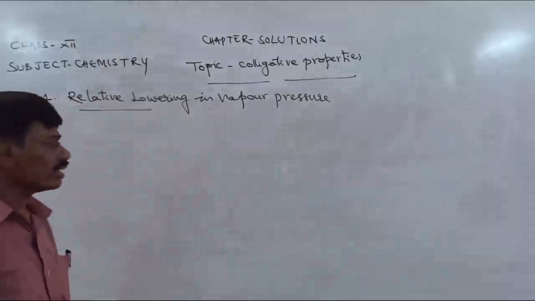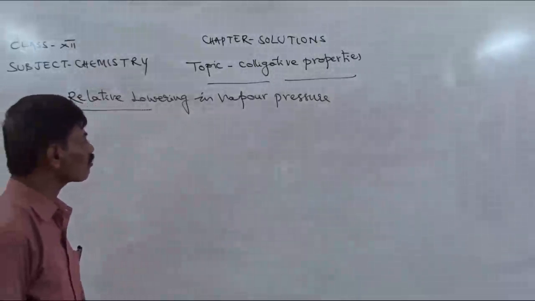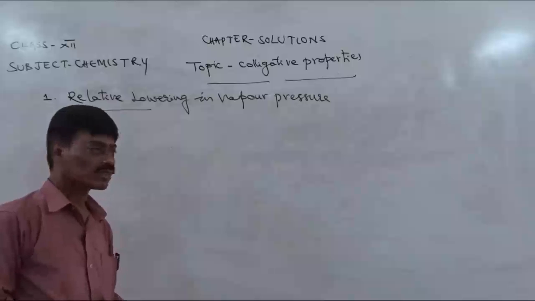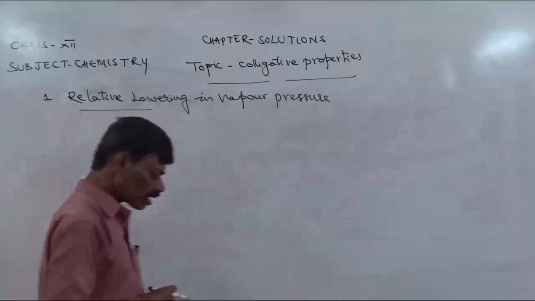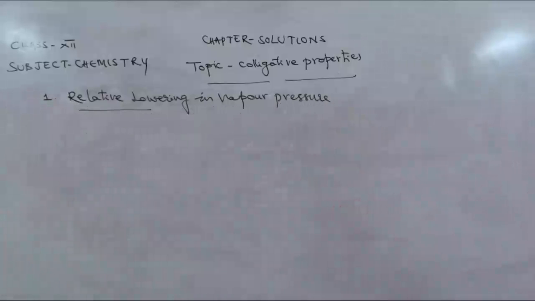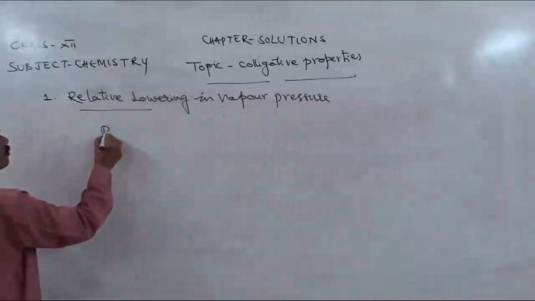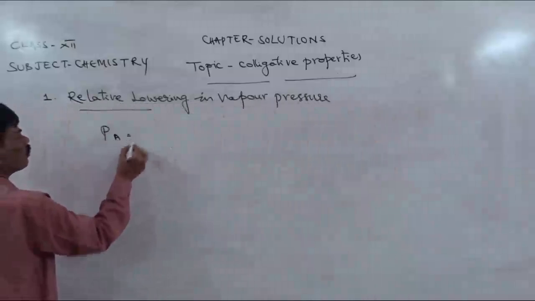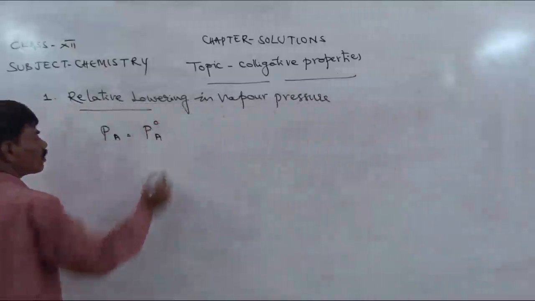Lowering means decrease or difference. Vapor pressure. When can vapor pressure decreases? Right. Now let us see Raoult's law once again. If you recall Raoult's law, the vapor pressure of the solvent is equal to vapor pressure of the pure solvent.